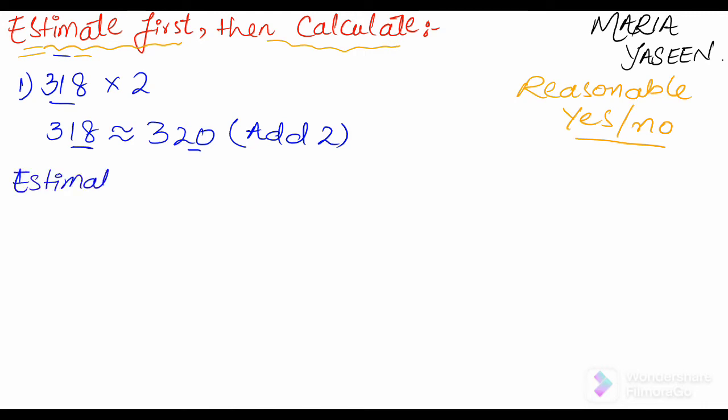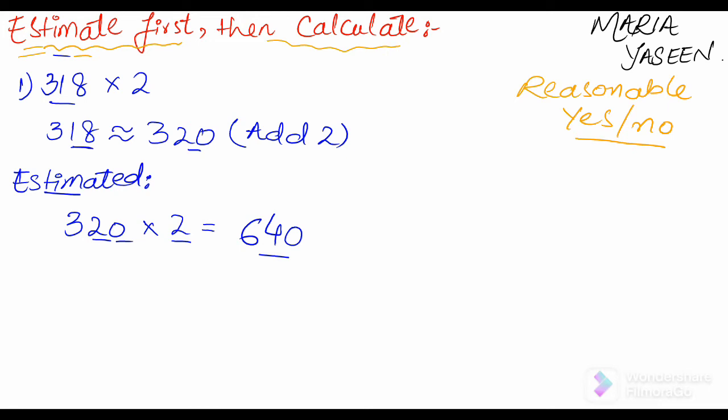Our estimated product will be calculated by writing our estimated value, which is 320, and multiplying it by 2. So let's multiply them. 2 times 0, 2 times 2, and 2 times 3 is 6. So it is 640. This is our estimated product here.